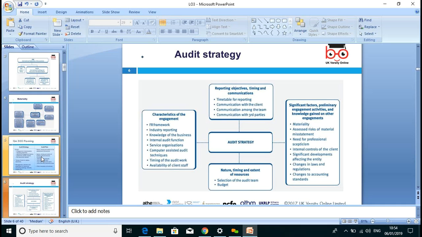When we make the audit strategy, we need to look at the framework, the industry reporting, and knowledge about the business. You must have a good understanding of which industry you're going to audit. Do you have background knowledge of the industry? Do you know the company's mission, vision, and values?